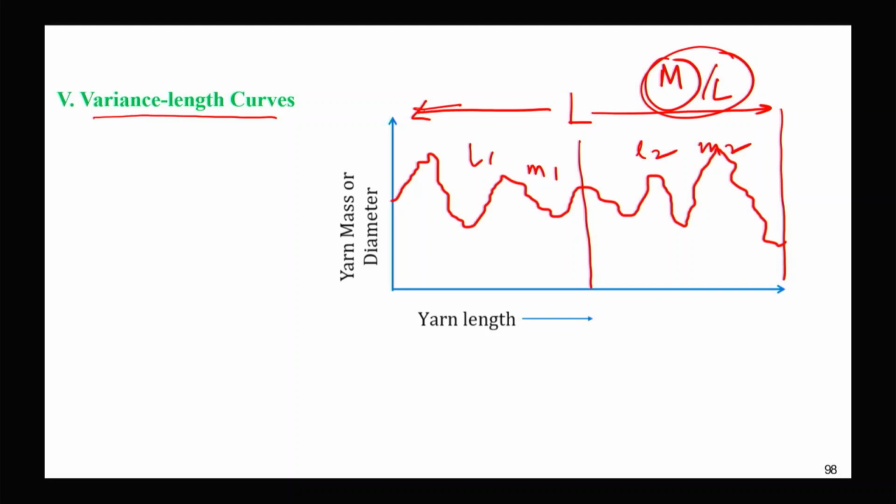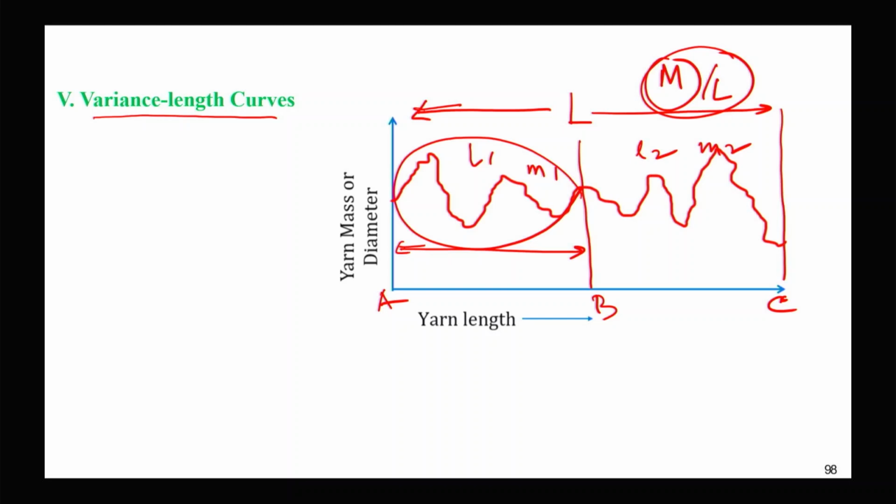Here, whatever the variability within this length, A, B, C, total length of yarn say AC, within AB length the total variability we are actually not getting.